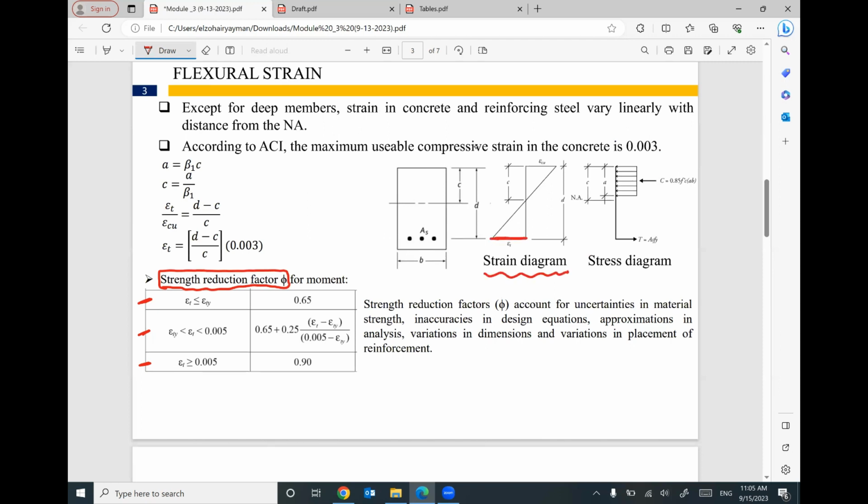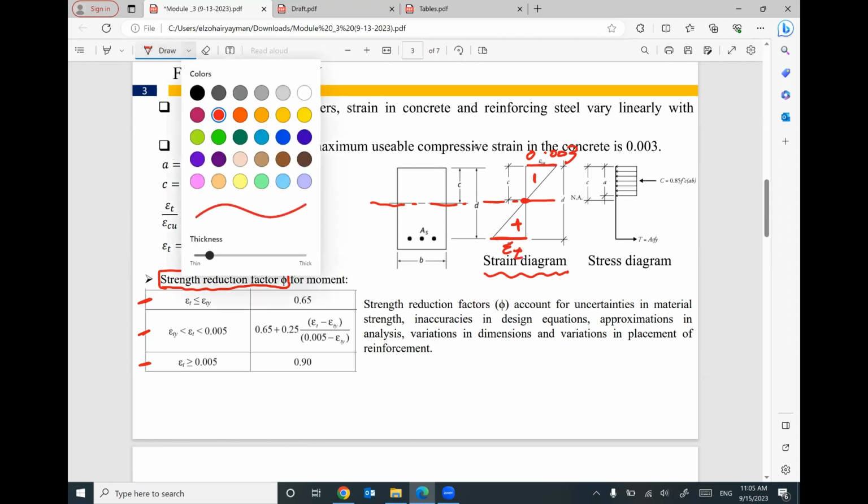We must draw the strain distribution at this neutral axis. At the top, we have compression. At the bottom, we have tension. At the top, we have the strain in concrete, which equals 0.003 according to ACI. At the bottom, we have a value called epsilon t. I don't know how much this is.